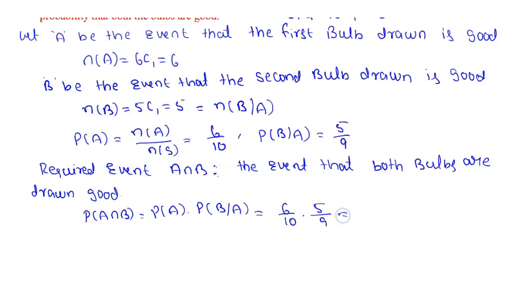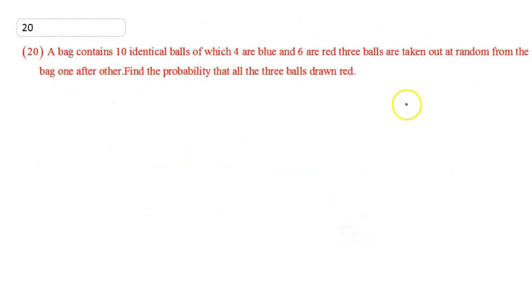So 3 3s are 3, 2 5s are 10, and 5 will get cancelled out. 1 by 3 is our answer. P of A intersection B is equal to 1 by 3. In the sense, the probability that both bulbs drawn are good is 1 by 3. Okay, right. Now go for question number 20.